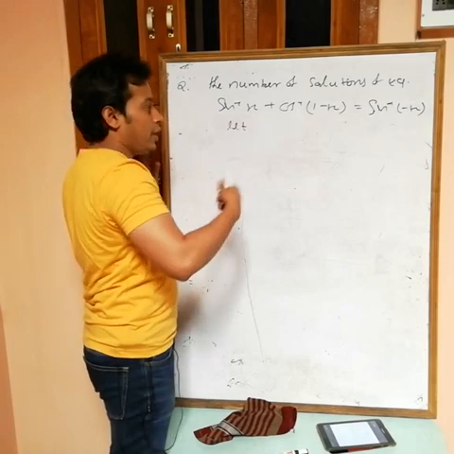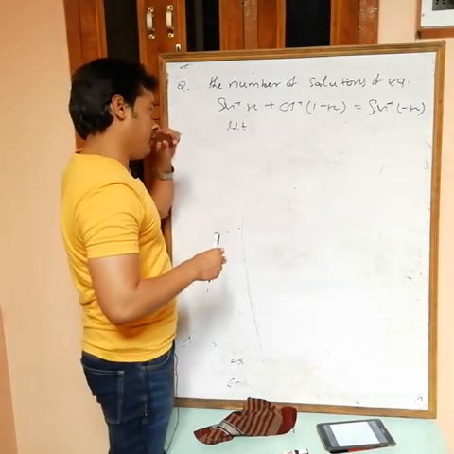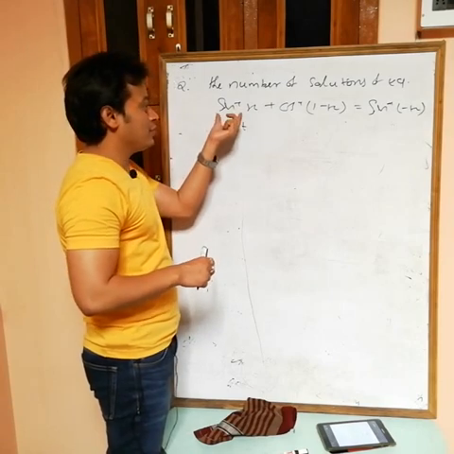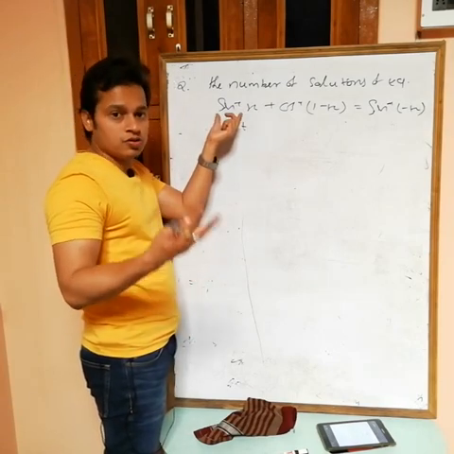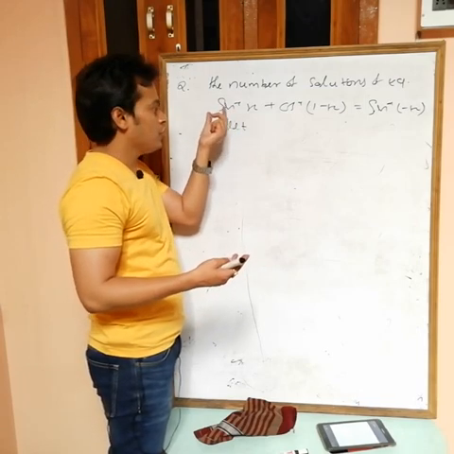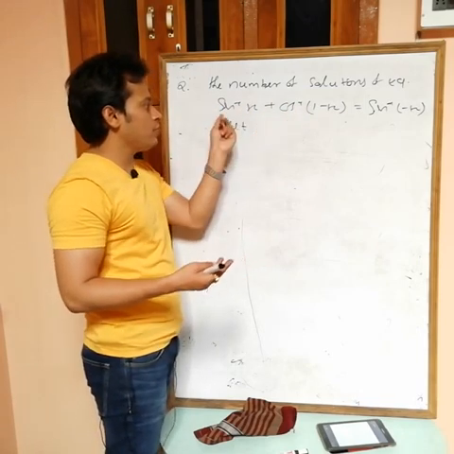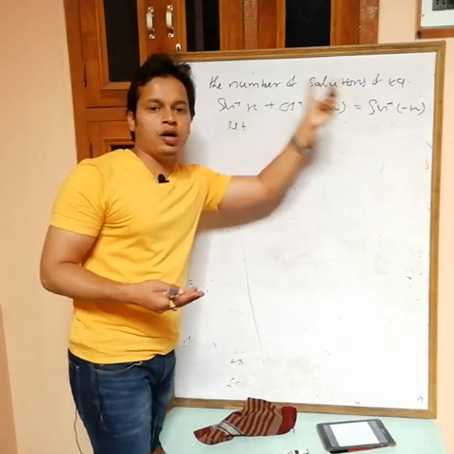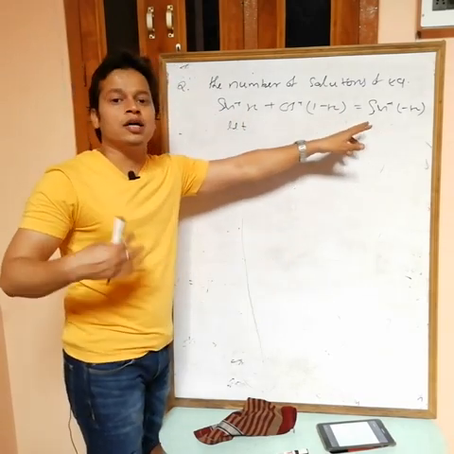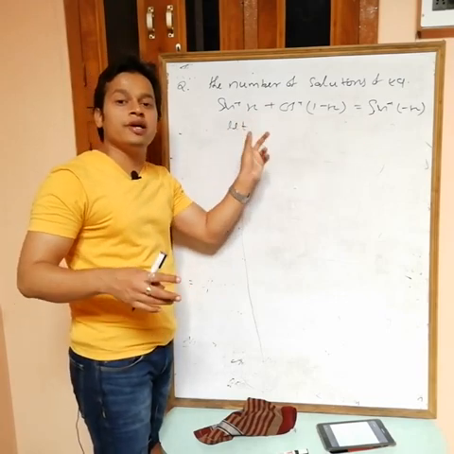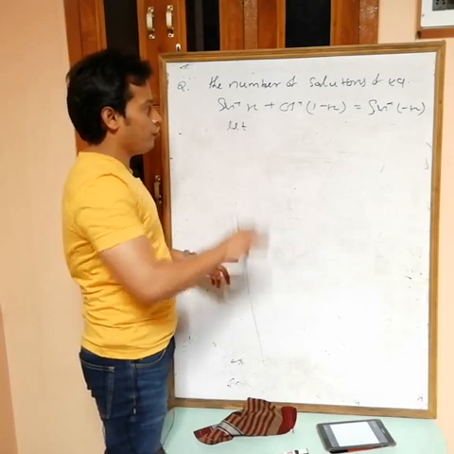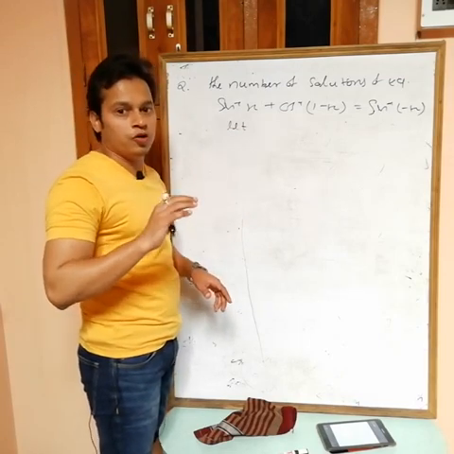You can also try it another way, but that is lengthy: you can convert this in terms of pi by 2 minus cos inverse x, then use the formula for cos inverse x minus cos inverse y. But that is lengthy, and you can't use it always.